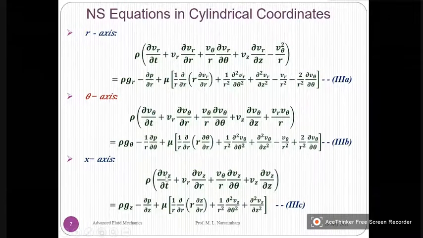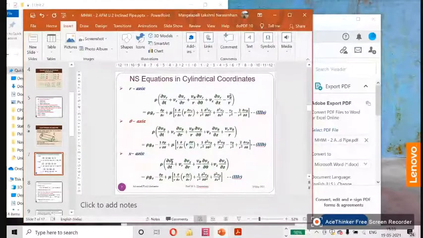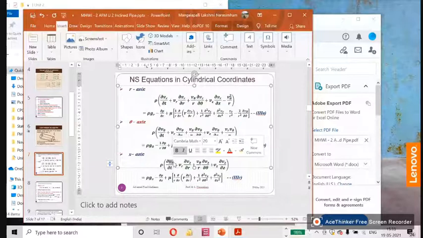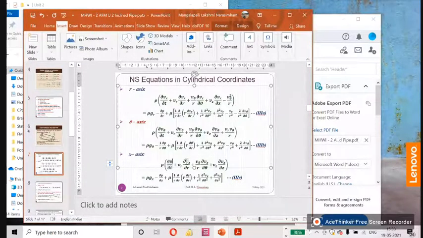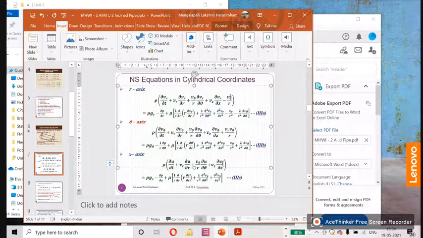Rho, again, I have written here Vz, that I have to write as Vx. Or I can also use a simple term U. The other things will be as they are.